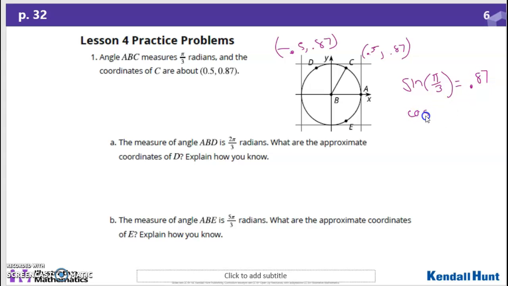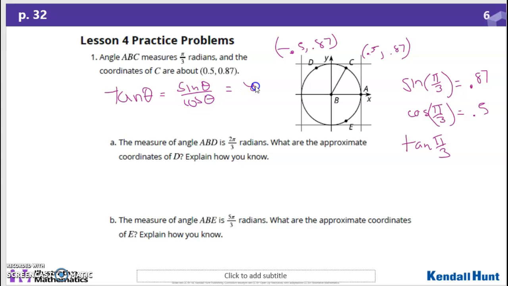The cosine of pi over 3, that would be the x, 0.5, where the tangent of pi over 3, that's going to be y over x. So tangent of theta is always going to be sine divided by cosine.